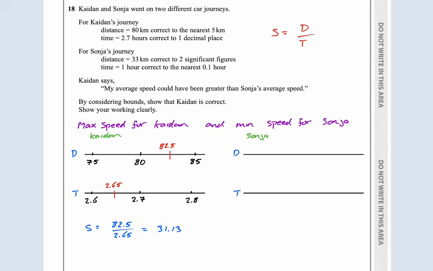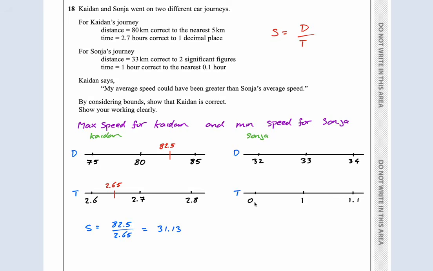Sonia, on the other hand, her distance was 33 to two significant figures. That means the next one up is 34, and the next one down is 32. Her time is 1 hour, correct to the nearest 0.1 hour. So the next one up will be 1.1 and the next one down will be 0.9.